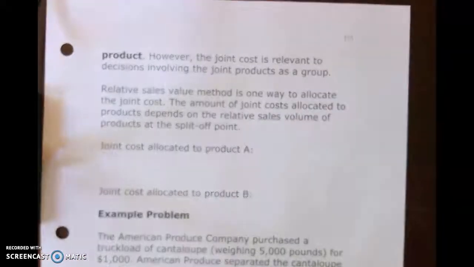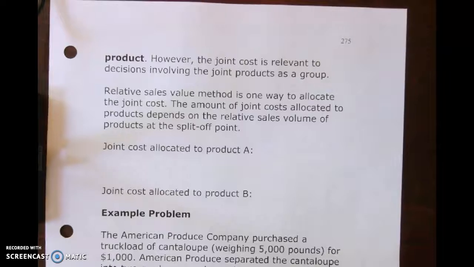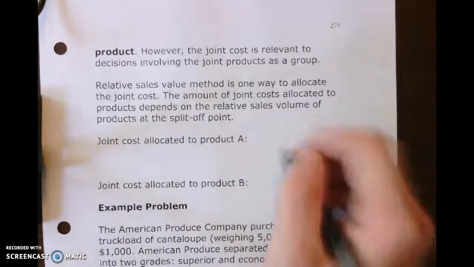Okay, so now let's come over here to page 275 and talk about how we can actually do the math to allocate out those joint costs, okay? One way that we can do it is the relative sales value method. The way that we do that is we do a proportion.